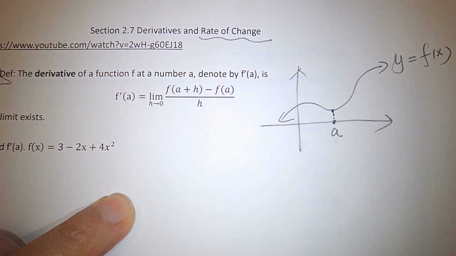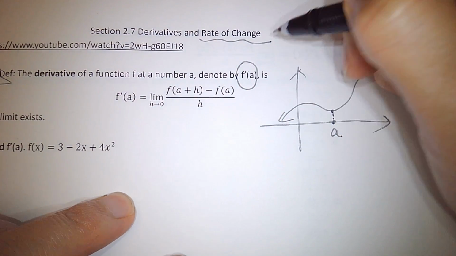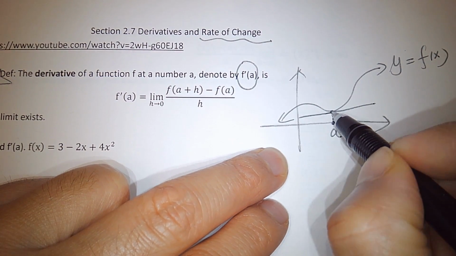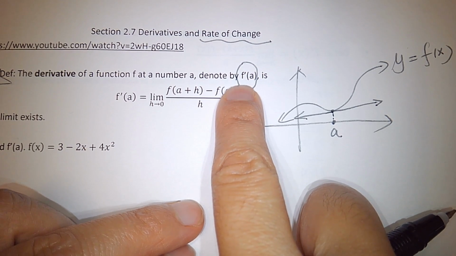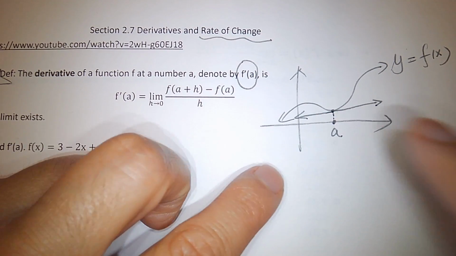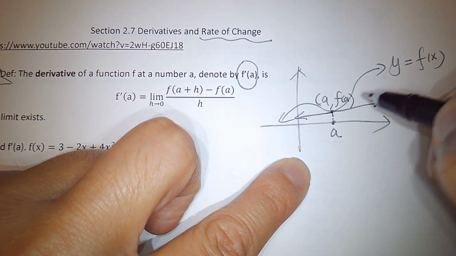And then what is the geometric meaning of f prime of a? It actually represents what? The slope of the tangent line, which is tangent at what point? This point a, f of a.